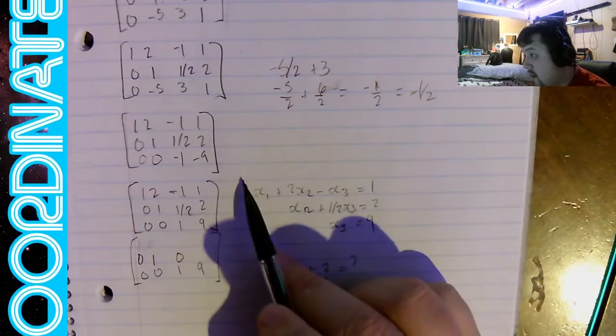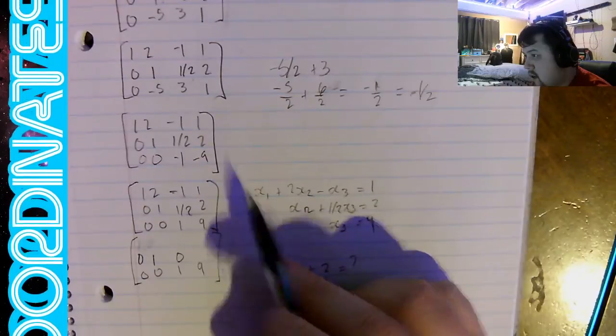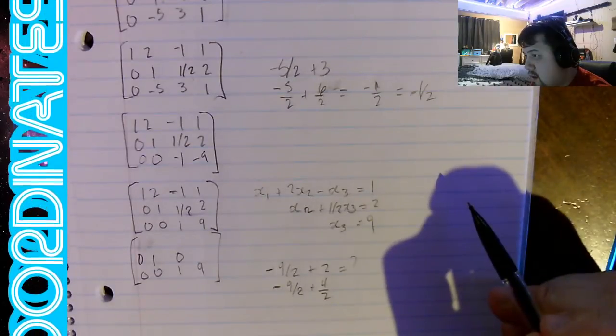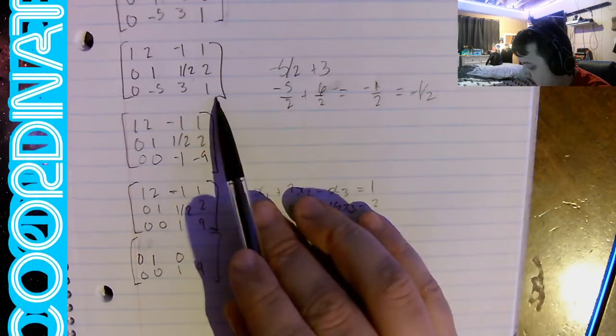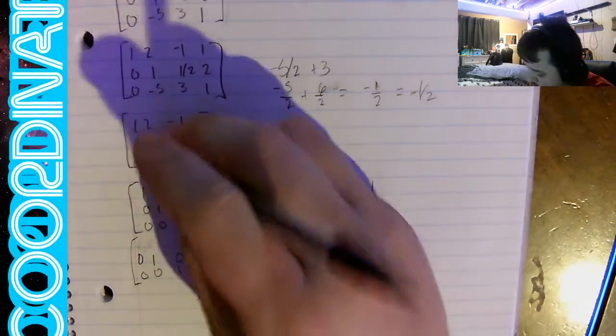Okay, so I have to correct that real quick. Where did I make that mistake? Negative 1/2 was right here.